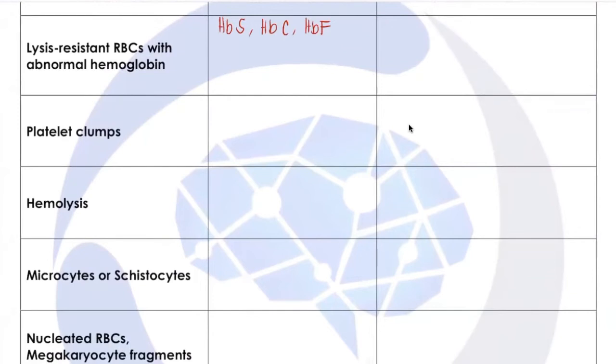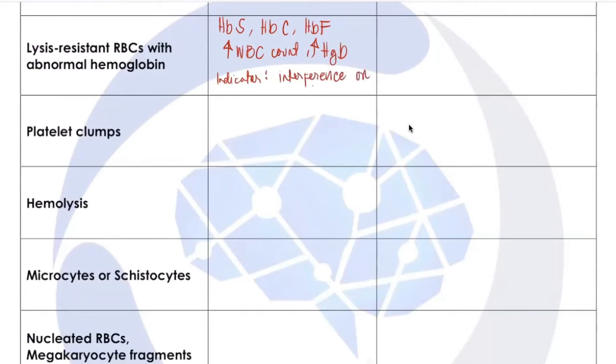And since they resist lysis doon sa ating WBC aperture, hindi sila nalalyse, they will be counted as WBC, eventually increasing your WBC count, also increasing your hemoglobin value. Okay? So usually, our indicator here is a flagging or an interference in the histogram.